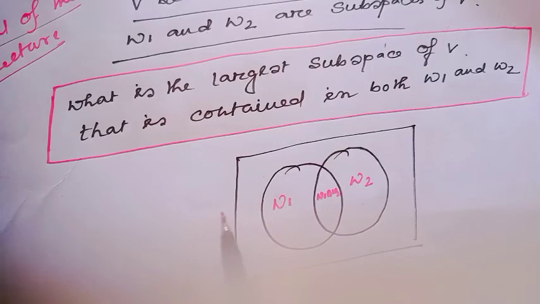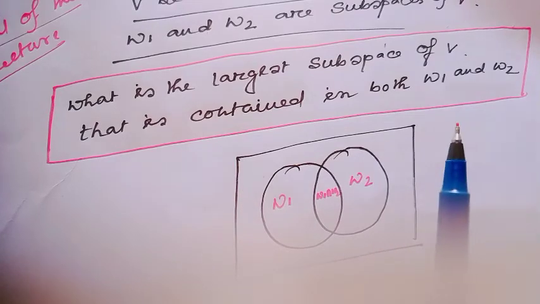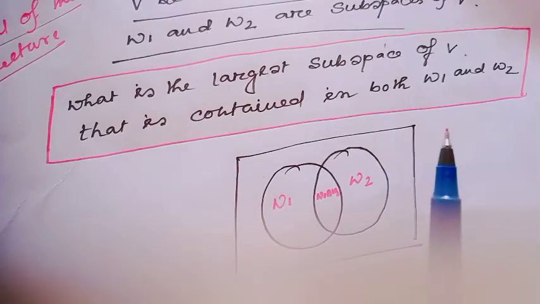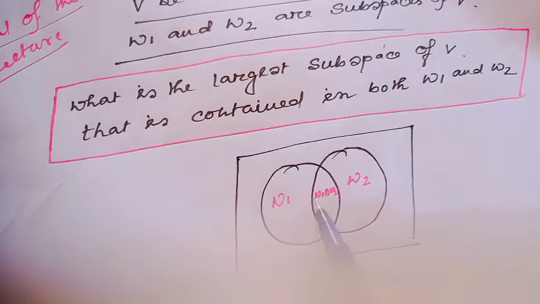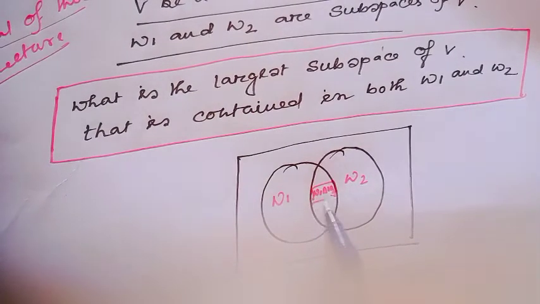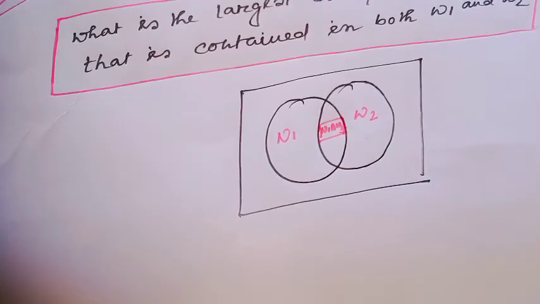Our next goal is: what is the largest subspace of V that is contained in both W1 and W2? Obviously W1 intersection W2 is contained in both W1 and W2, and W1 intersection W2 is the largest subspace of the vector space V which is contained in both W1 and W2.